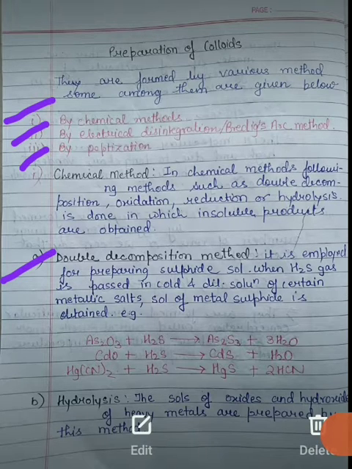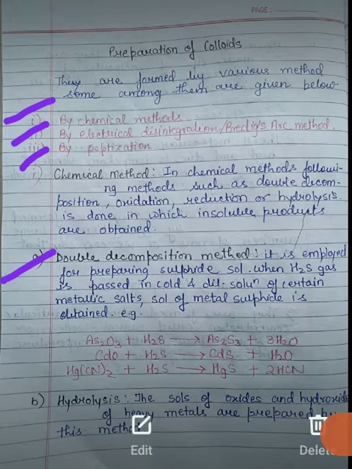Here, it is employed for preparing sulfide sols. That is, when we have to prepare a sulfide sol, for this we should perform the double decomposition method. What happens here is that H2S gas is passed through a cold and dilute solution of a certain metallic salt.